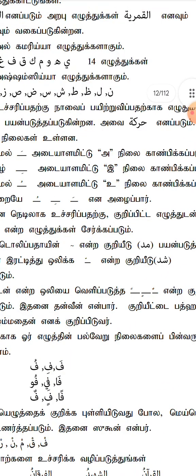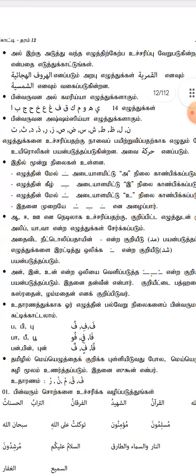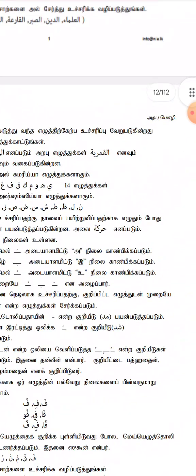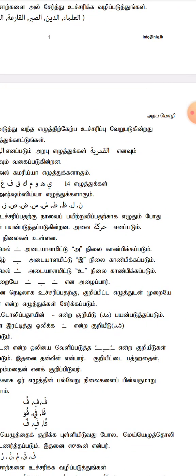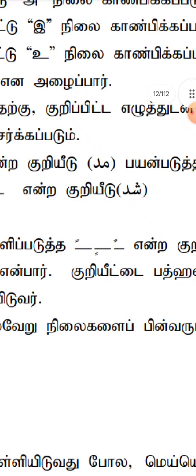Okay, sheen dal shadd. And then an, in, un. Now if we take fataha, the sound of fataha is a. When we want to add an n sound with that, we should use double fataha upon the letter. So we call it fatahatain.